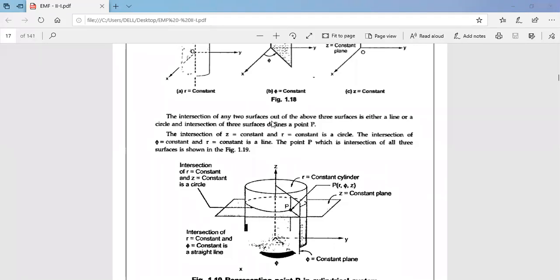Pi r squared times what? Times height. Volume of a cylinder, pi r squared times height. Anybody having a problem with that? If you're having a problem with that, speak up. That's fundamental.